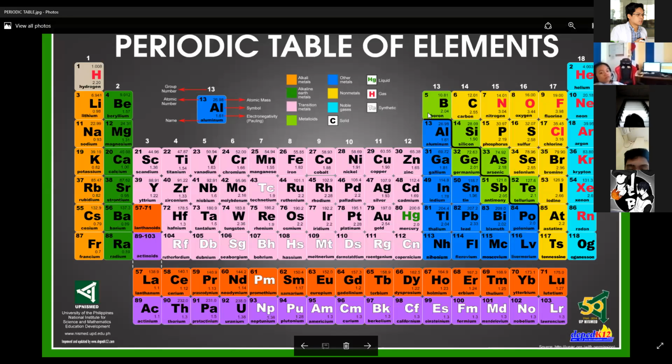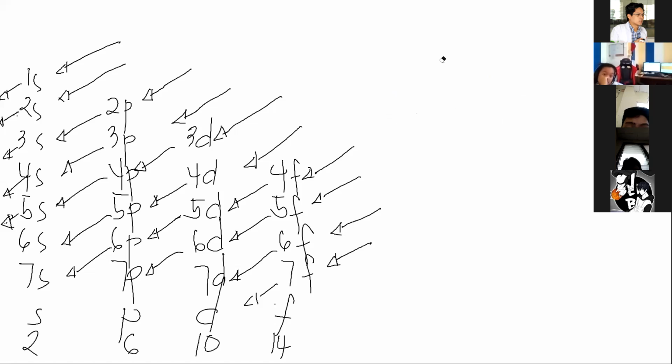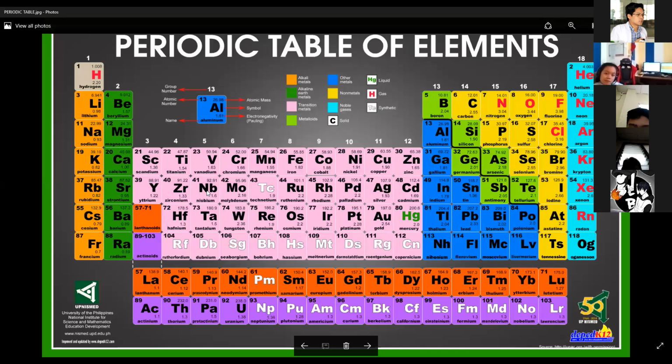Any other elements? You want another example? Okay, what element? Mercury. Okay, I'll erase this one. What is the atomic number of Mercury?